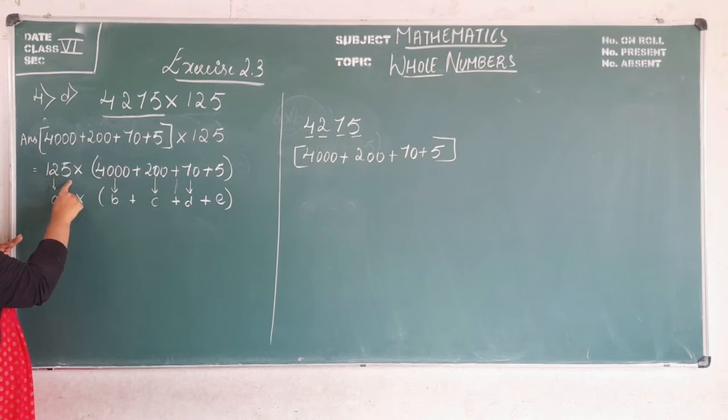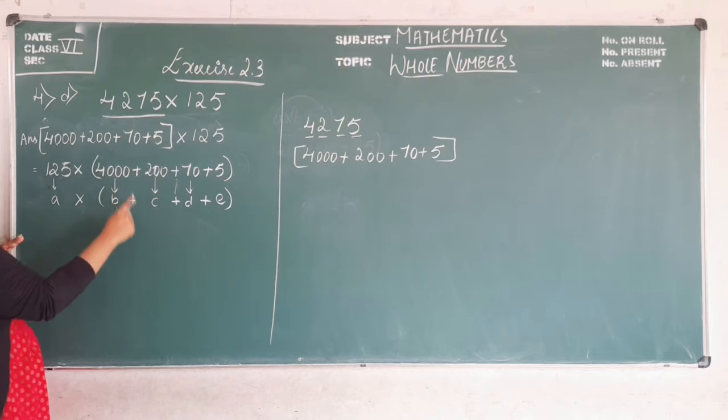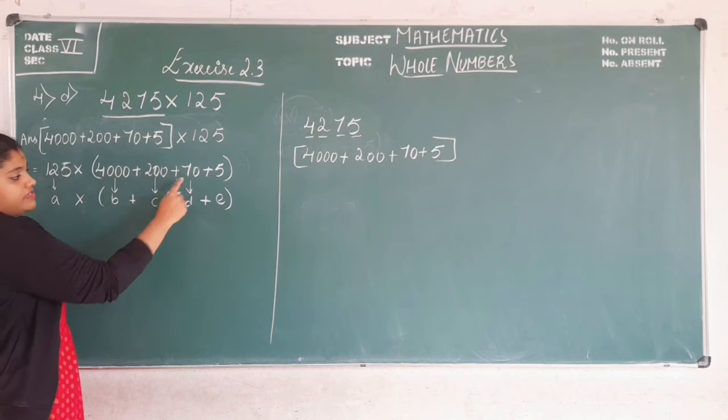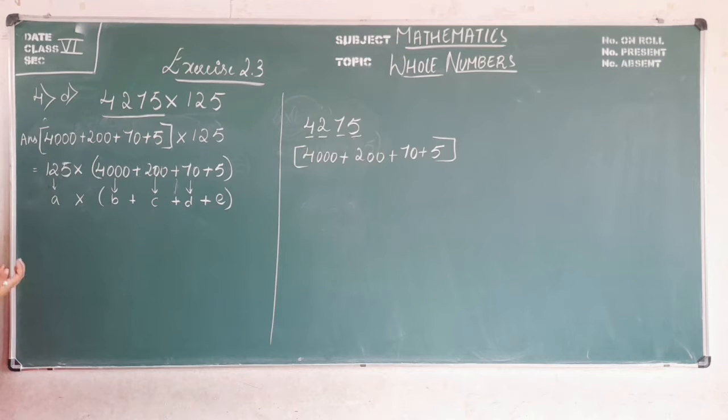So we shall consider 125 as A into 4000 as B plus 200 as C, 70 as D, 5 as E. So now this is of the form of the distributive property.